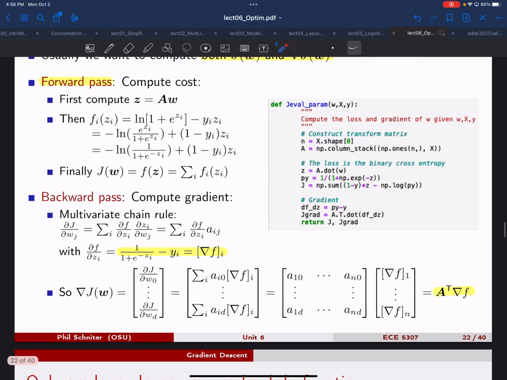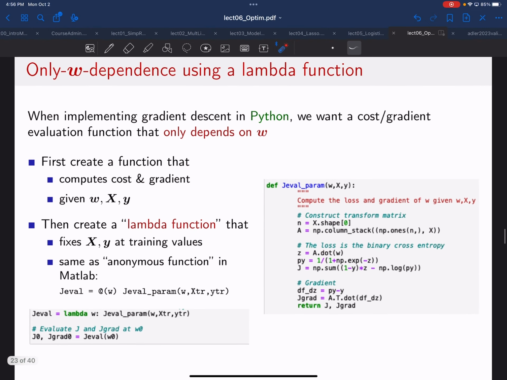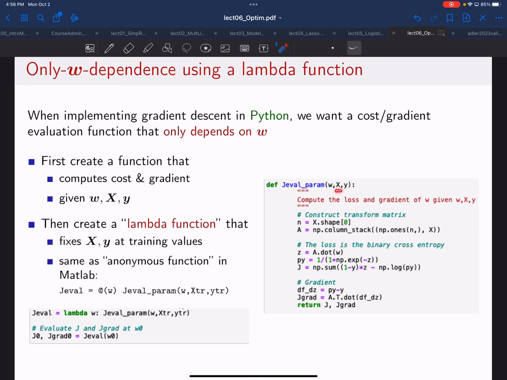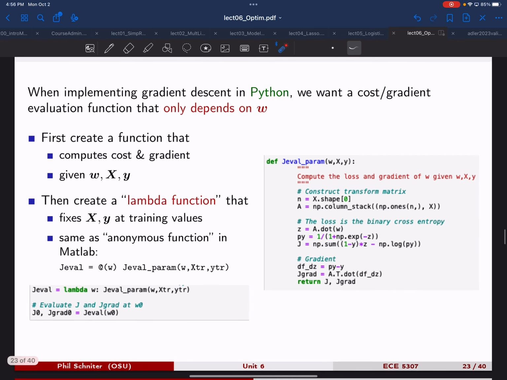Okay, so now we have a function. This is the same function from the previous page. We've built this one where we give it an x and a y, and the current w, and it computes the cost and the gradient to use in the next gradient descent step. So now when we're iterating this, often we want to hide the dependence on x and y, because x and y are common every time we're running this.